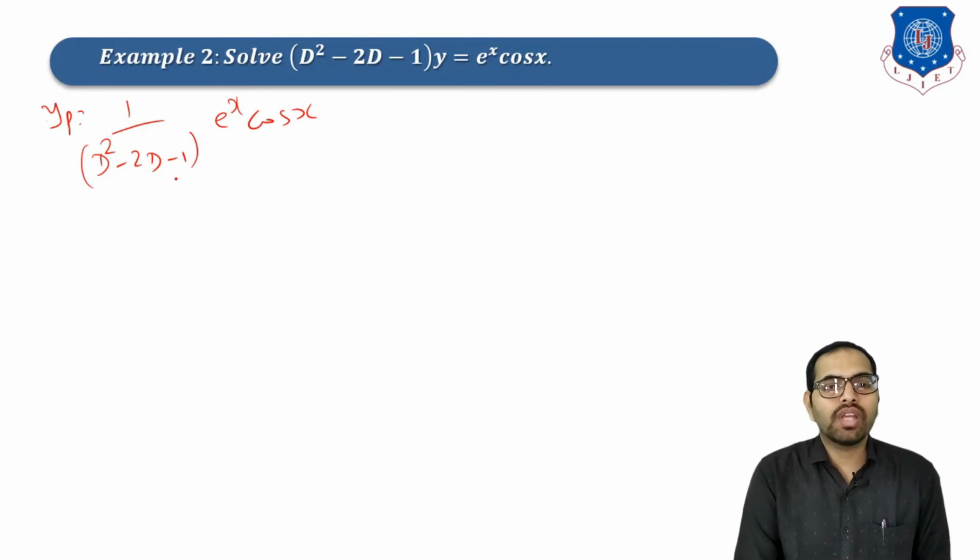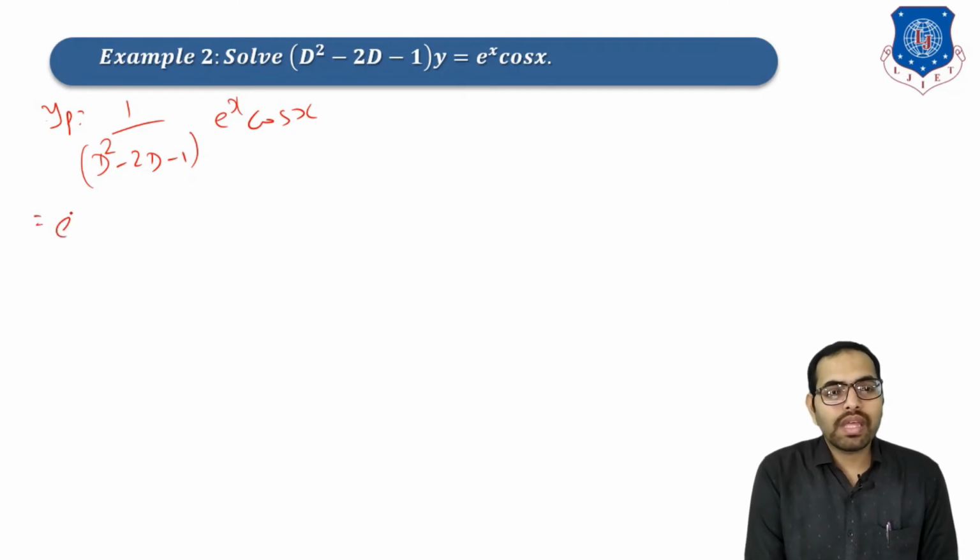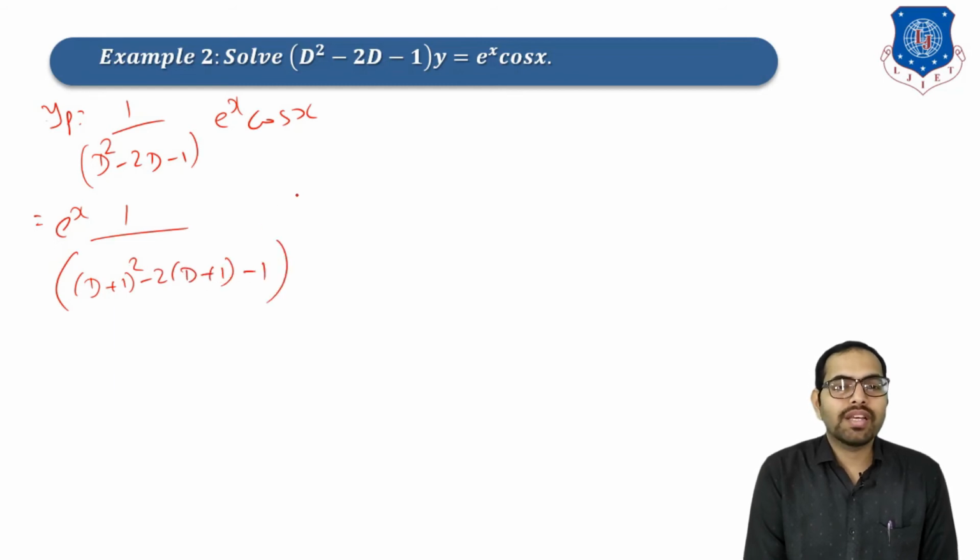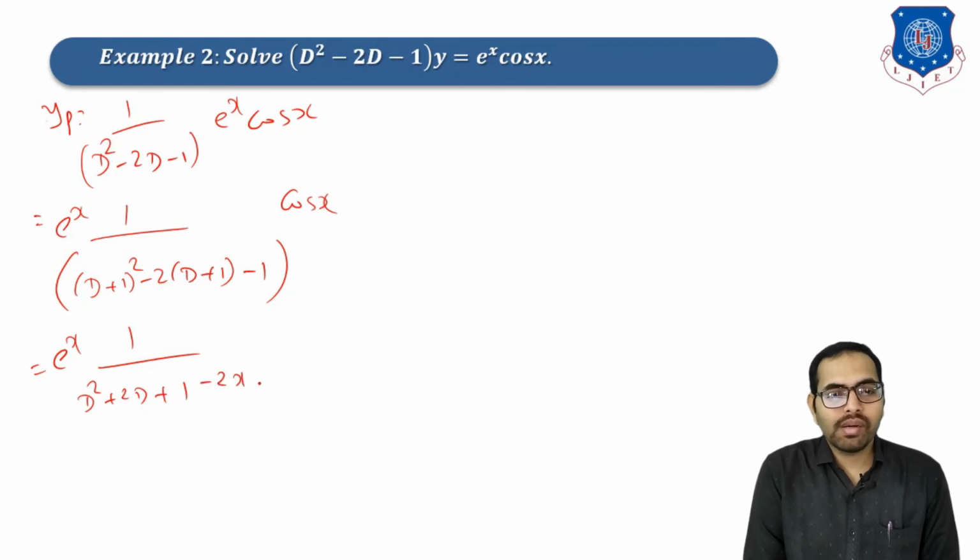According to that, what we have to do is take e raised to x out, then replace D with D plus 1: (D plus 1) whole squared minus 2 (D plus 1) minus 1, into cos x. Now simplify that term: D squared plus 2D plus 1 minus 2D minus 2 minus 1.